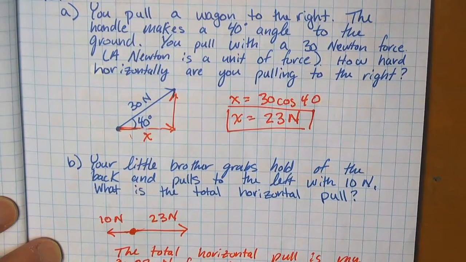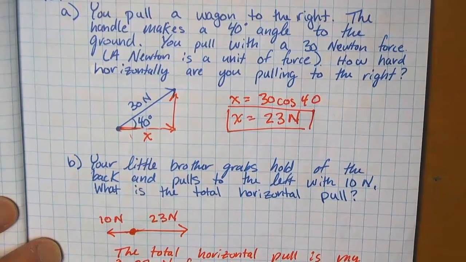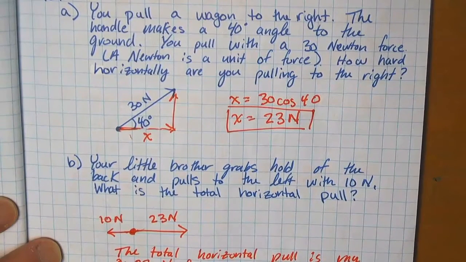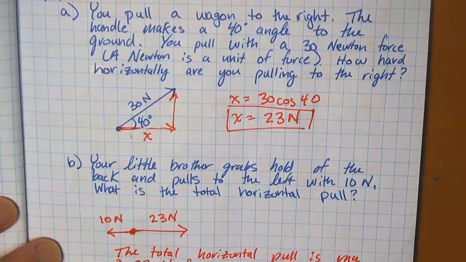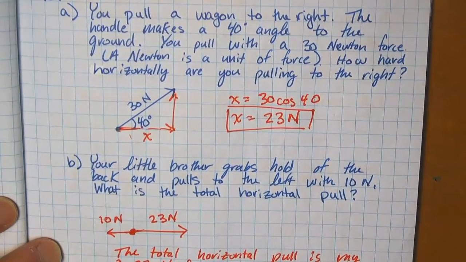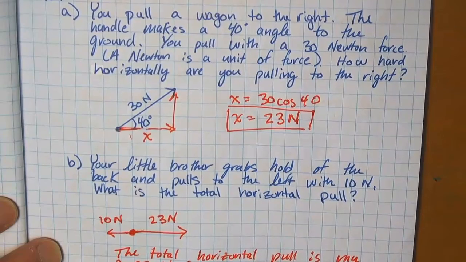So the total is 23 minus 10 equals 13 newtons.